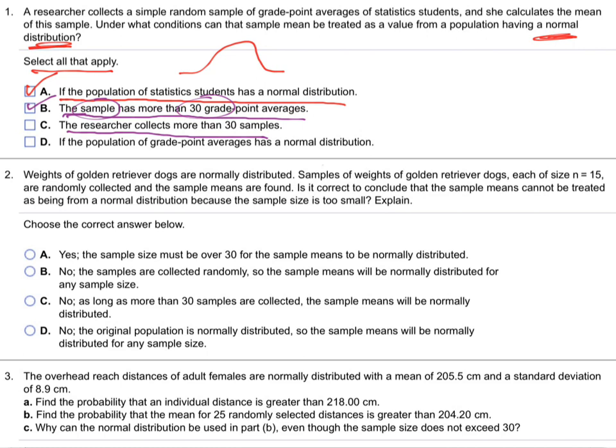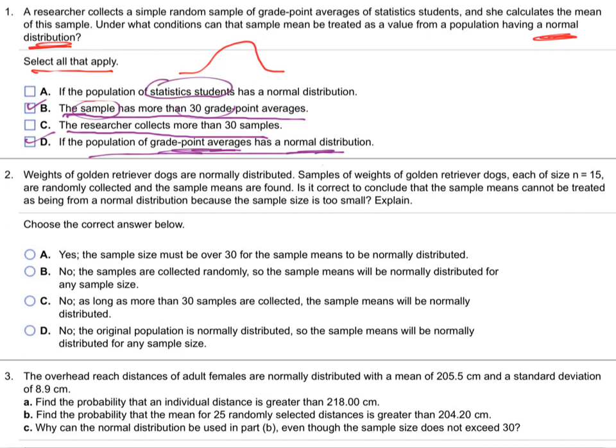And so D, the population of grade point averages has, wait, I thought that's what we already said. If the population of grade point averages has a normal distribution. What did A say? If the population of statistics students. No, sorry, I didn't read it carefully. It's not A. It's B and D. They're being very subtle on this one. It's the grade point averages that have to be normal, not the statistics students.